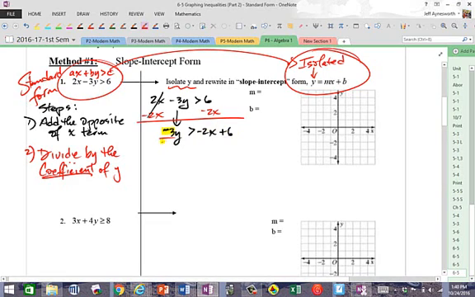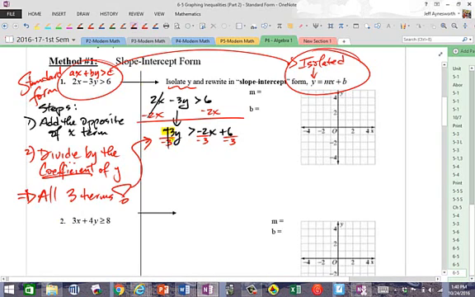So watch closely. Divide by negative 3 here, here, and here. When you divide both sides by negative 3, you have to divide all 3 terms, by the negative 3.